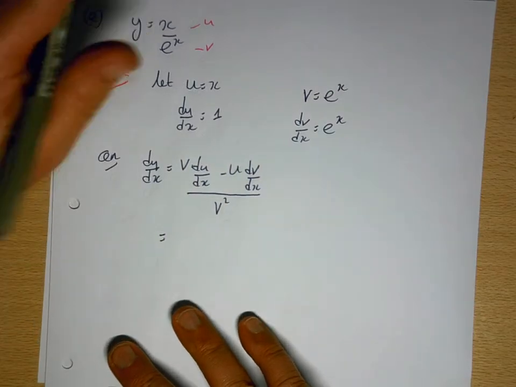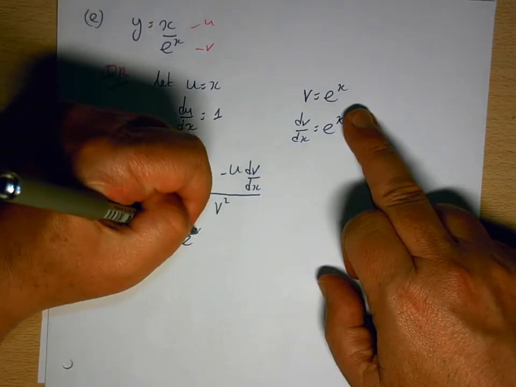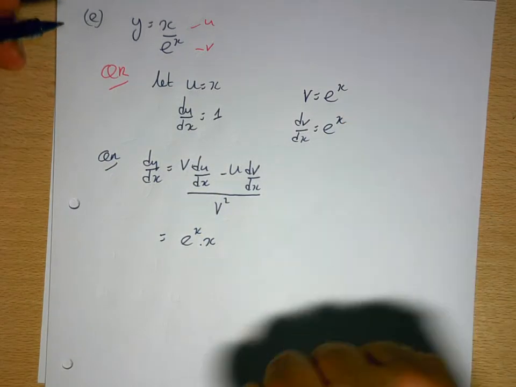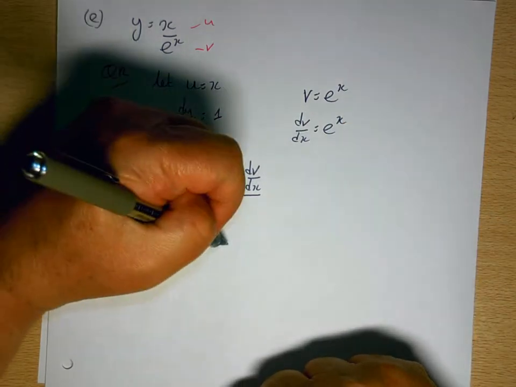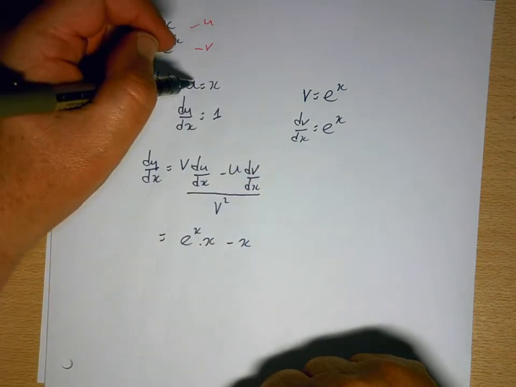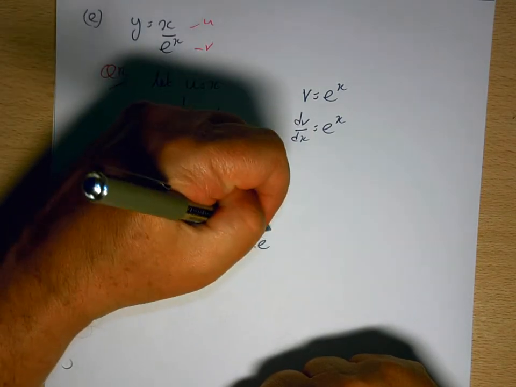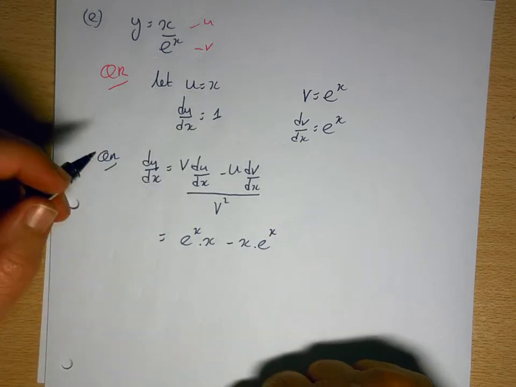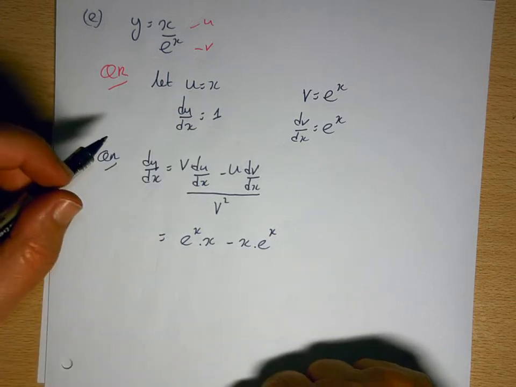So for us, v is e to the x. Sorry about that.